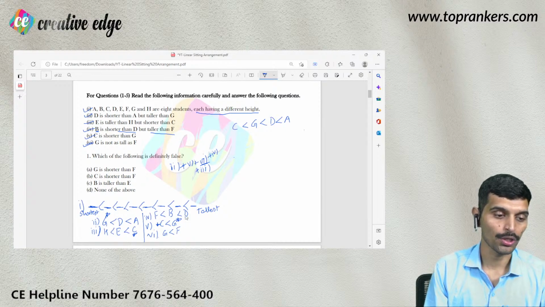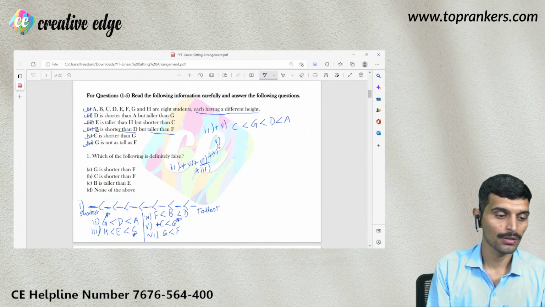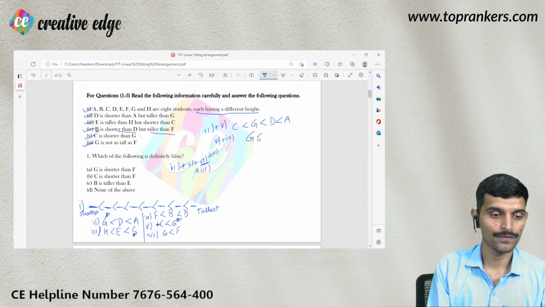F is shorter than D as well as B. So this was second plus fifth. Now let me combine sixth and fourth, right? So if I combine sixth and fourth, I have G, F, B, D.